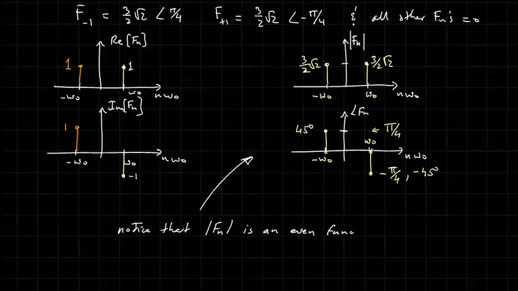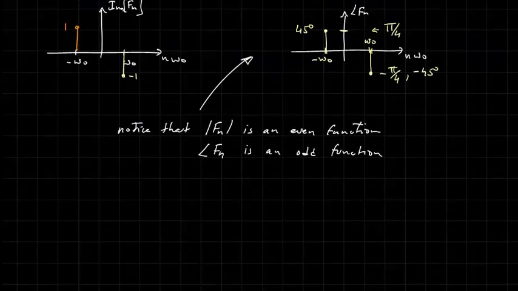Now maybe it's not very clear here because we've only plotted n equal to plus 1 and minus 1, but this will be true in general. And notice that the angle of f of n is an odd function.